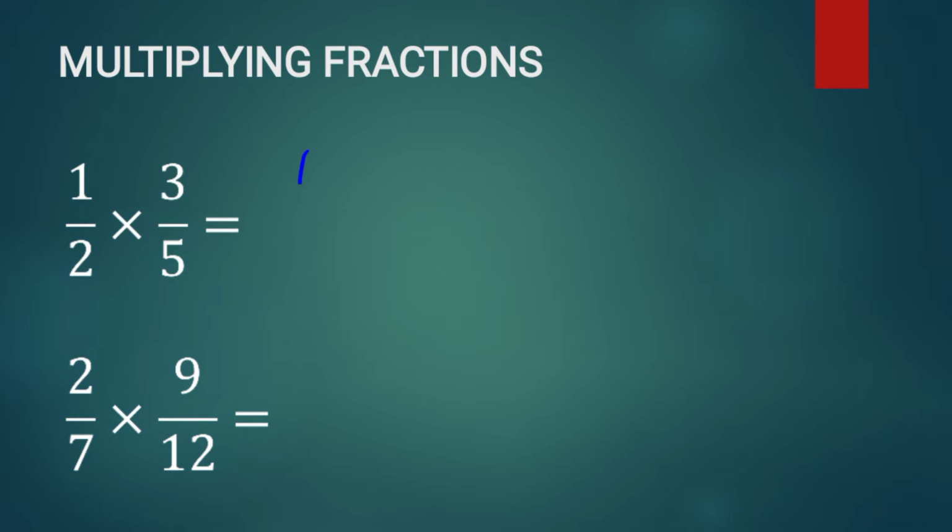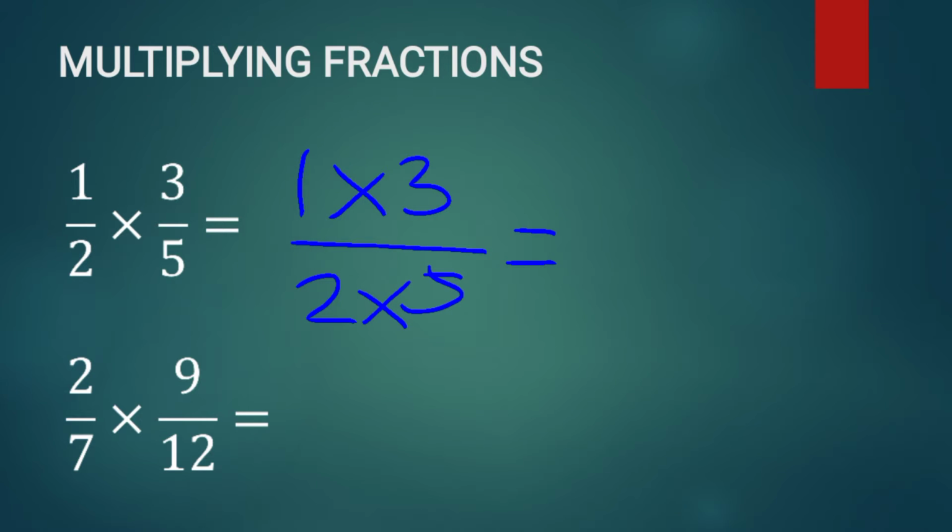So, we have 1 times 3 over, multiply the denominators or the bottom numbers, 2 times 5, equals 1 times 3 is 3 over 2 times 5 is 10. So, therefore, 1/2 times 3/5 is 3 over 10.